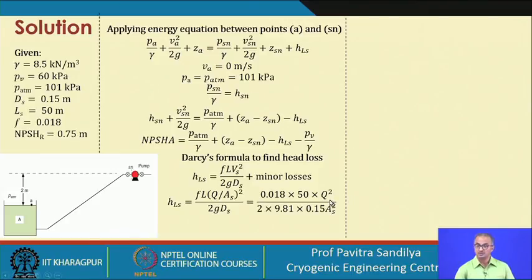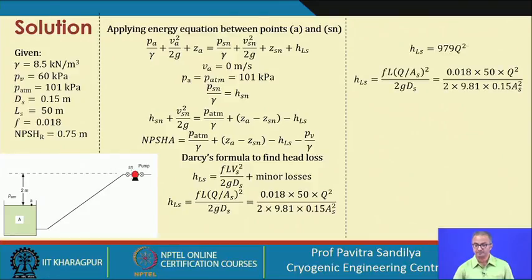Q is not known to us, we have to find it out, and As can be found from the Ds value. As is nothing but pi by 4 Ds square. Plugging in the value, we get this relationship between the head loss and the flow rate. This Q is the volumetric flow rate.